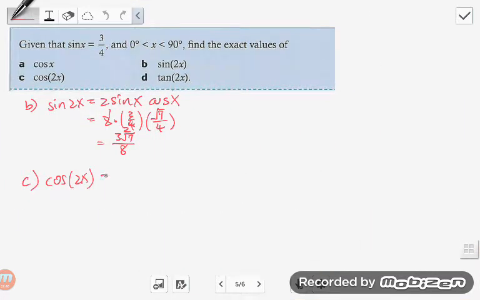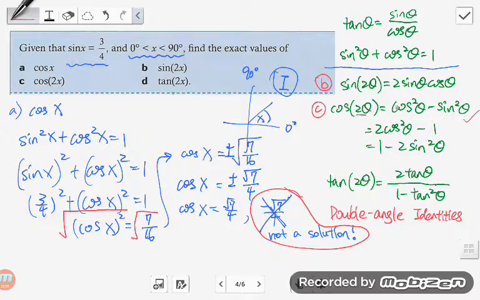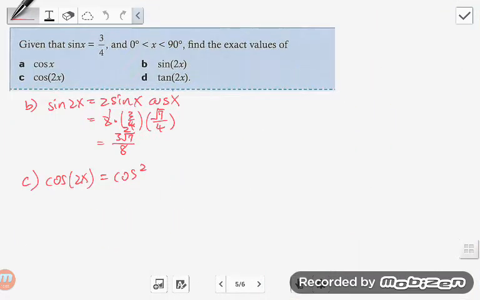Be careful with this: you see that this is 2 theta, and I have theta, right? So if I apply that formula to this question, I'll get cosine squared x minus sine squared x.